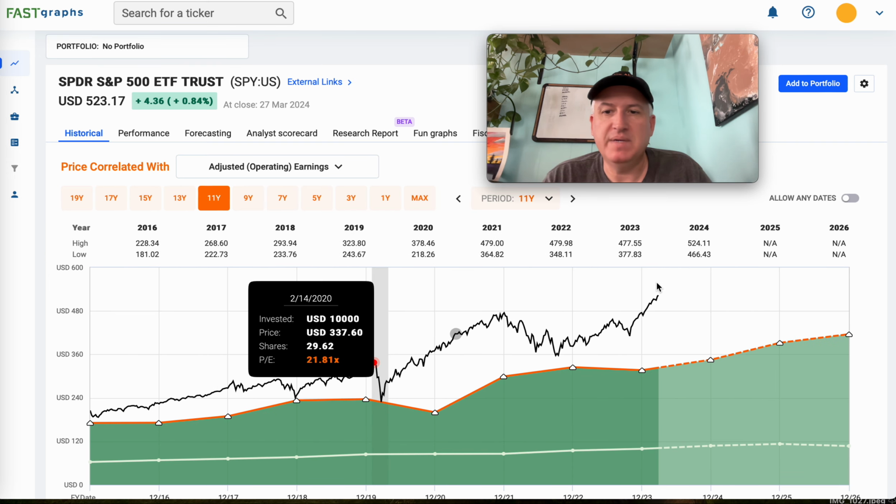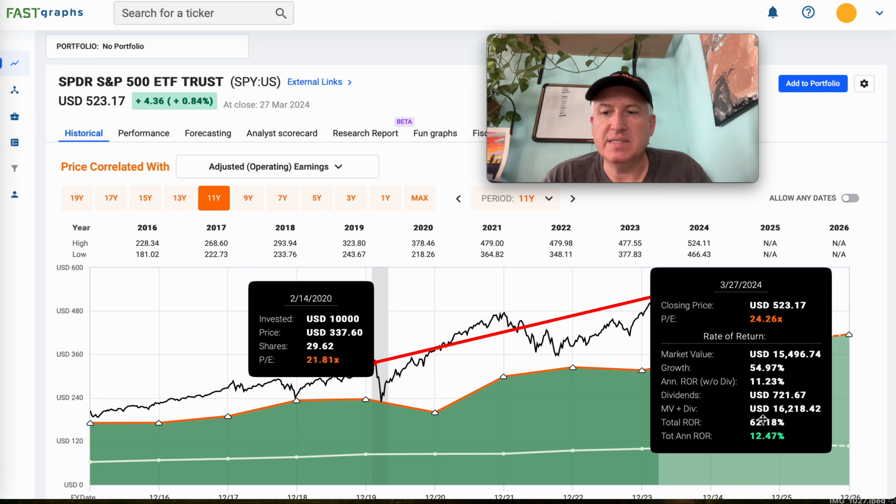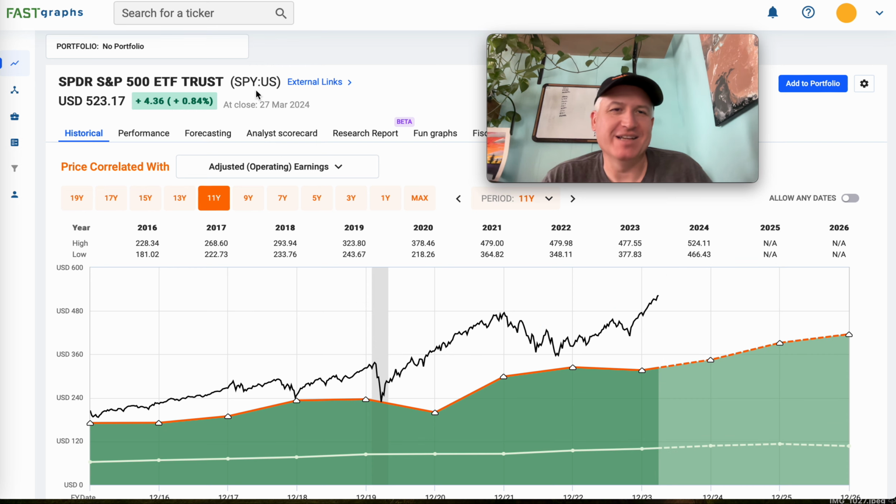So again, same dates, the S&P 500's done 62% since then. So you can see it's trailing the S&P 500 in terms of total return, including the dividend, from that point. So if we want to do really well, we have to buy it cheap, and the market just doesn't want to give it to us that cheap, probably.